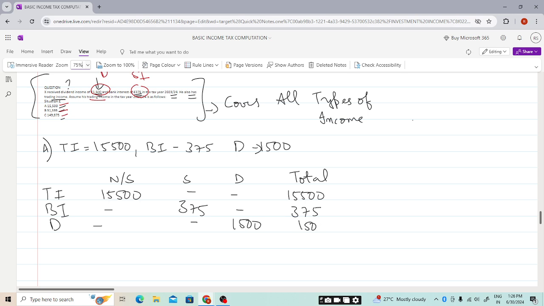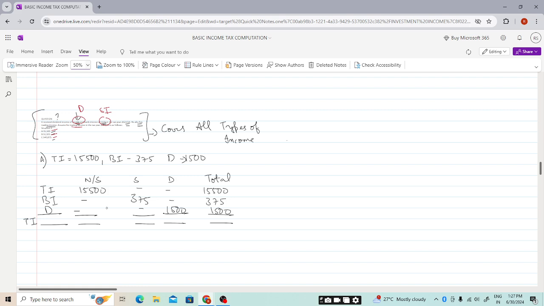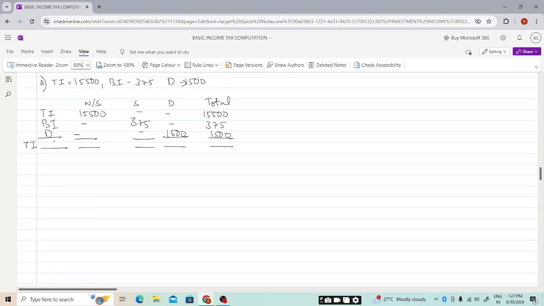This will give rise to total income. What will be our total income? Our total income will be 15,500, saving income 375, dividend income 1,500.